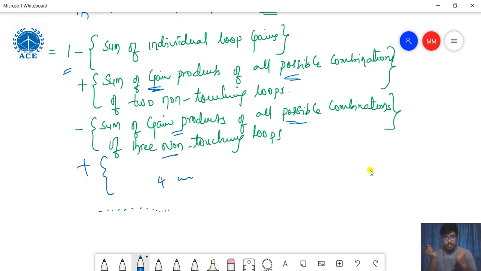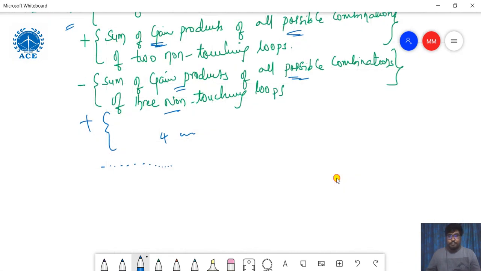Suppose 1, 2, 3, for example. The 1 2 combination is one two-non-touching case. 1 3 is another combination, right? If only 3 exist, that is a total of one combination. Got my point? While solving the problem, you can understand it easily, right? Now this is delta.